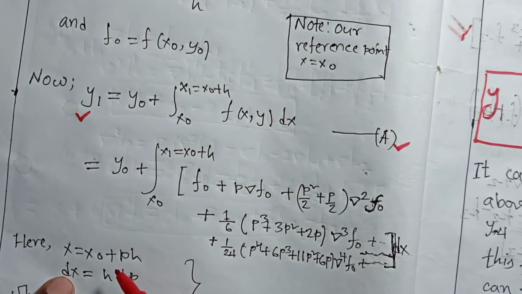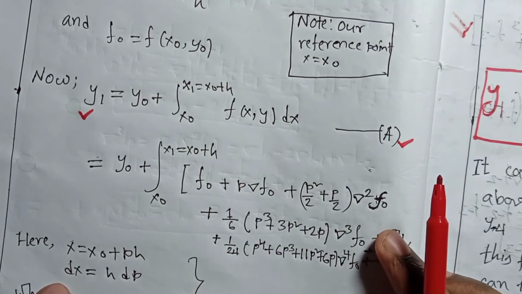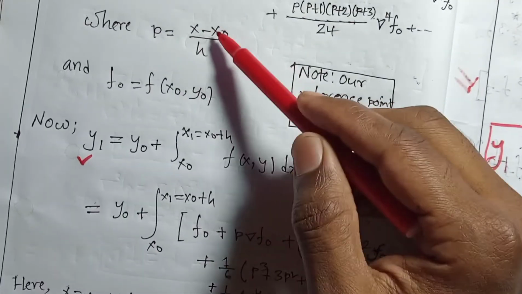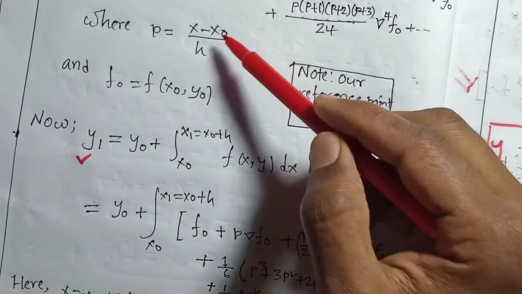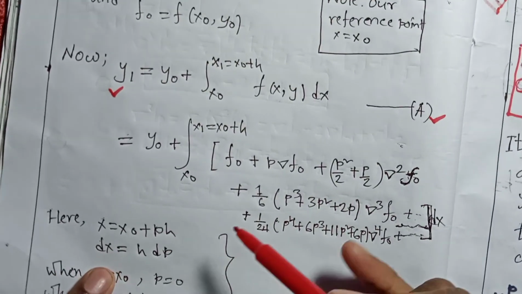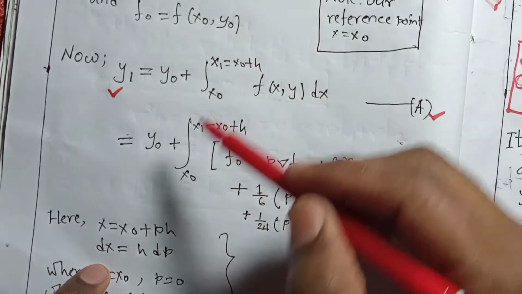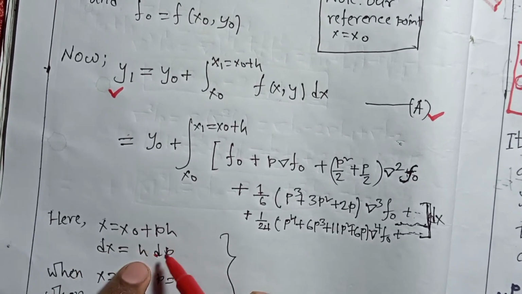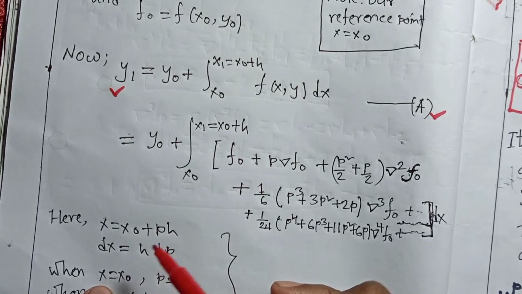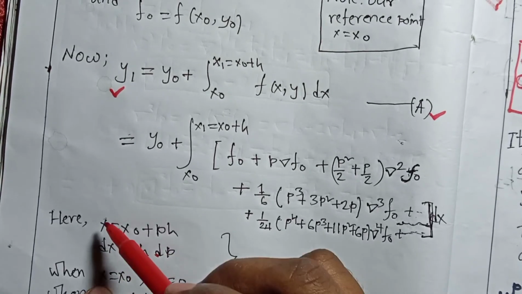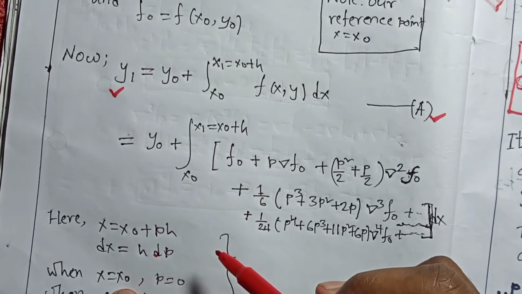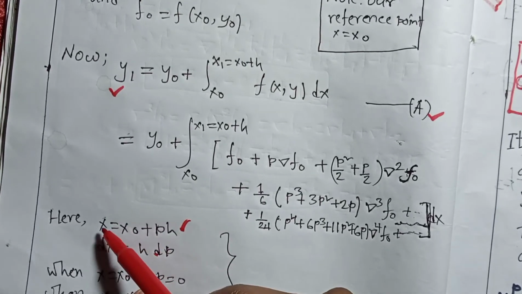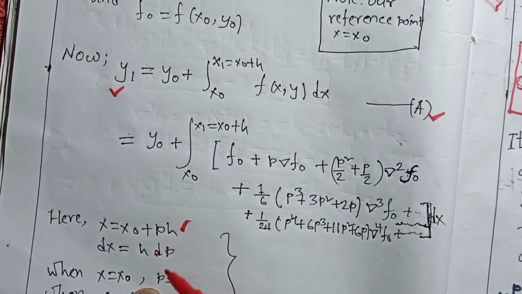Here x equals x0 plus ph. Differentiating with respect to p, we get dx equals h dp. If we put x equals x0 in it, we get p equals 0, because x minus x0 is 0.